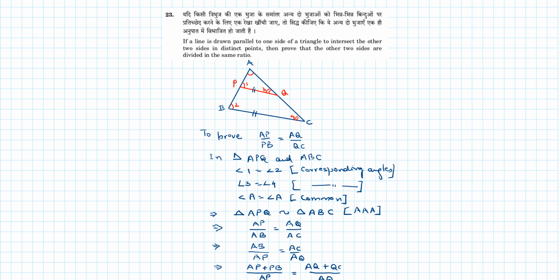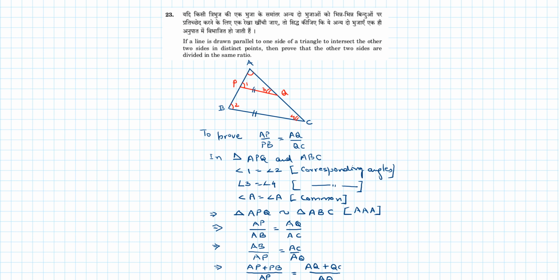So let us consider this triangle APQ and ABC. Okay, angle 1 is equal to angle 2, angle 3 is equal to angle 4 because these are corresponding angles. And angle A is common.